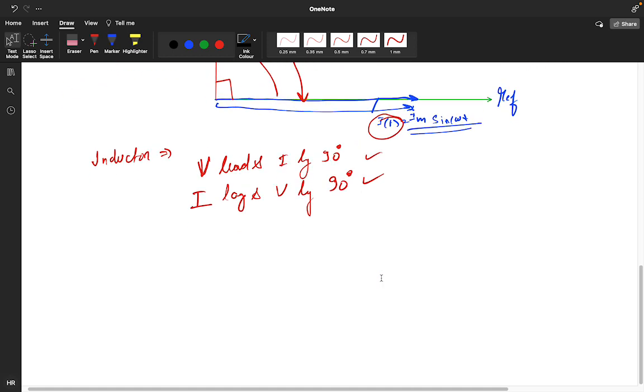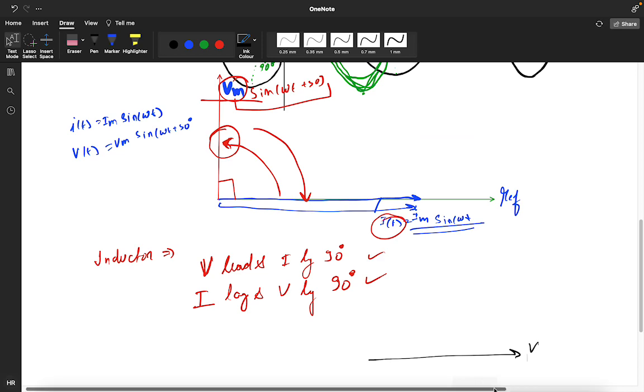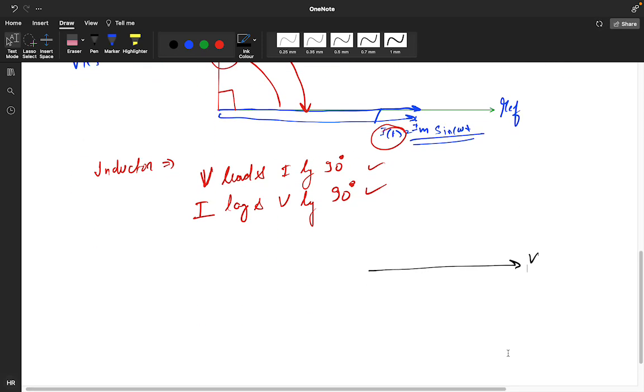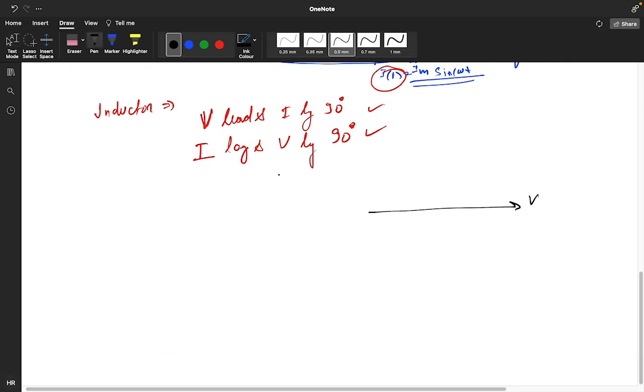And we can also make it like this. We can also draw it like this. This is your V voltage, and if you are assuming V voltage here, it should lead by 90 degrees. So we can take current here, so current is lagging by 90 degrees.